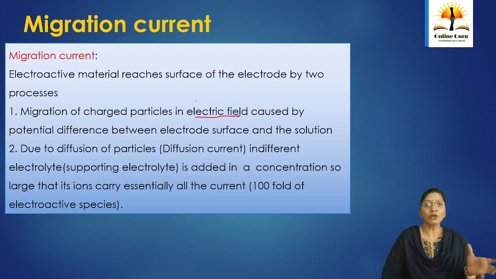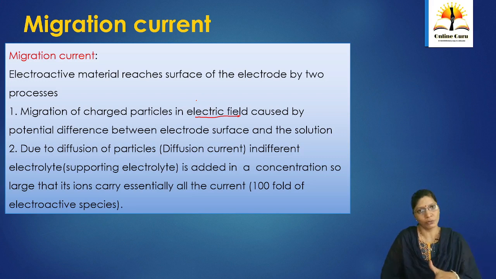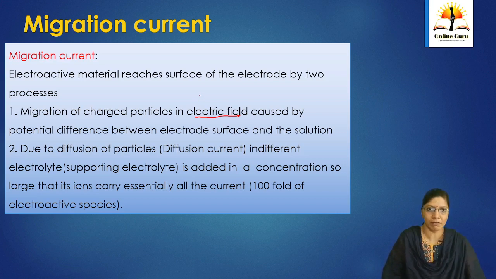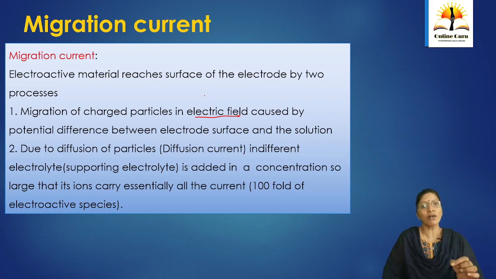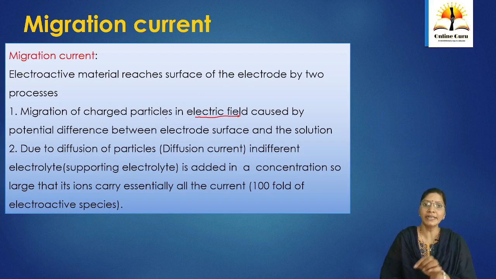Suppose you are pushed with a force and that force is not sufficient to make you fall down, then what will happen? You will just move in the forward direction, but you will not fall from the place, right? So if we apply a potential difference across this micro electrode and macro electrode which is insufficient to cause decomposition, then what will happen with the analyte? The analyte is not going to come into the picture.